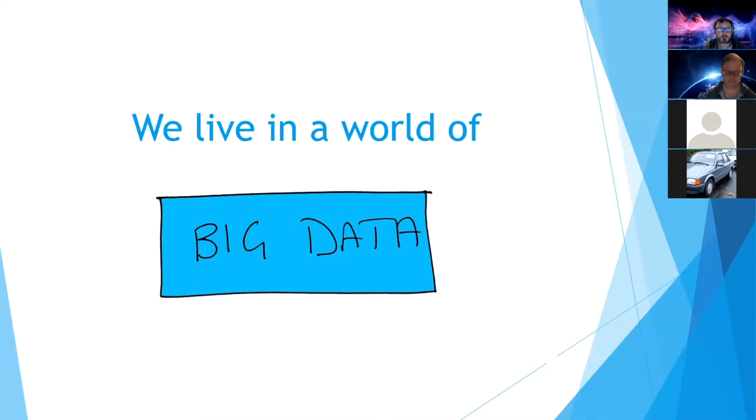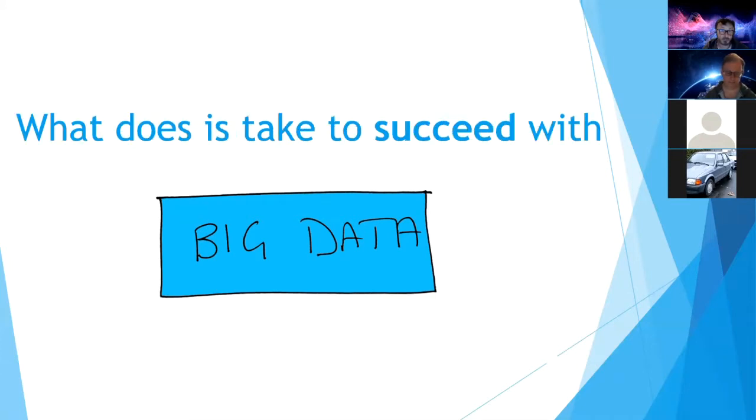And everywhere we go, our offices, our shops, the vehicles we travel in, they're all generating data that's also potentially being captured, stored, and mined. So we need to think about what it takes to be successful with big data.